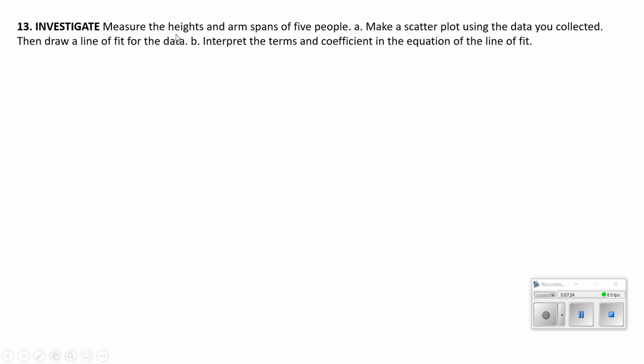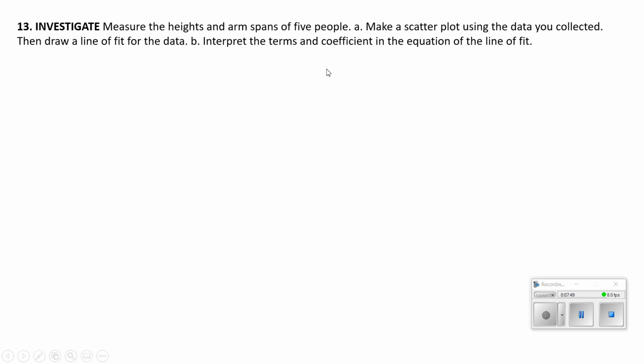Number 13 says measure the height and arm span of 5 people. Make a scatter plot using the data you collected. Then draw a line of fit for the data. Interpret the terms and coefficient in the equation of the line of fit. Well, they want you to measure the height and arm span of 5 people.